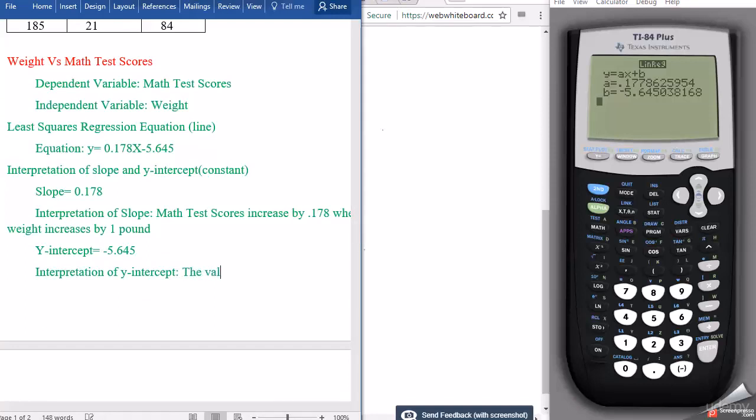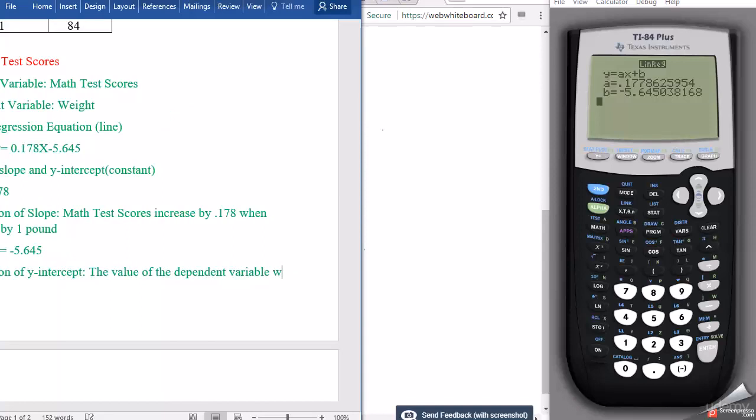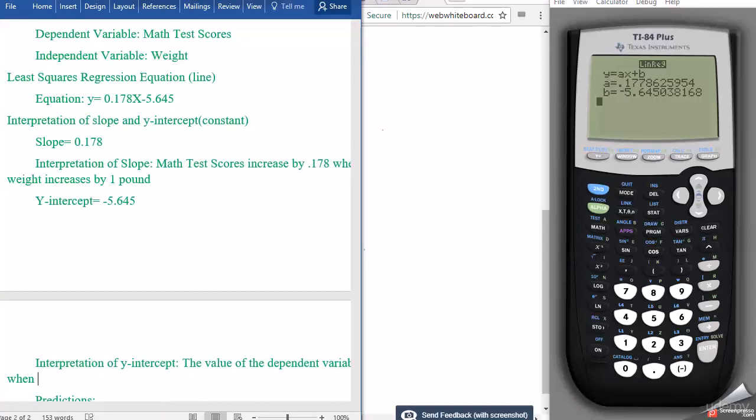let's just put the value of the dependent variable when the independent variable is 0.